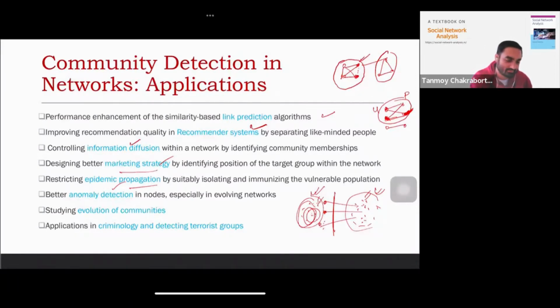Okay, so let's assume that there is a community of teenagers, or there is a community of students who read in class 5, for example. So you often see that some students who are not that meritorious, and their age might be higher than the average age of the other students in the class.